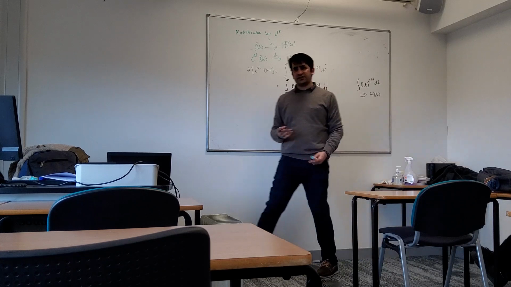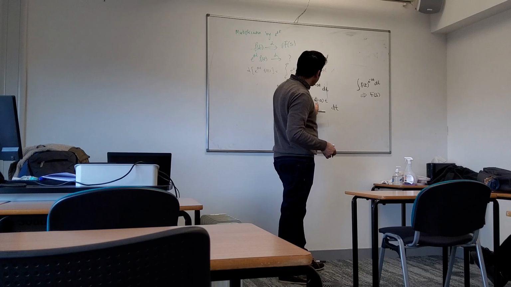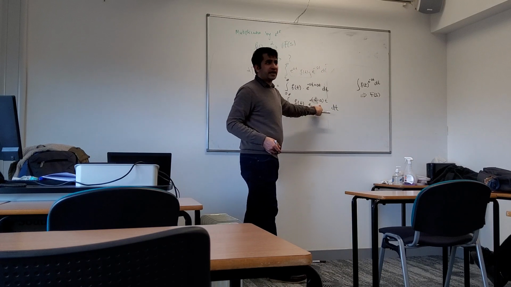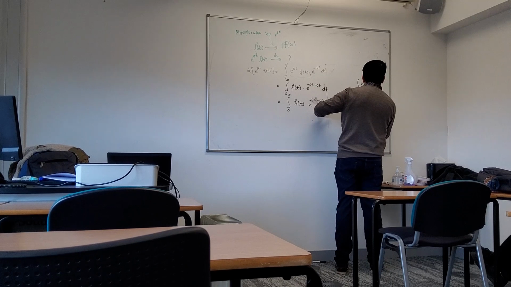This is the typical formula for the Laplace. So now you can see that here something has changed. Instead of s, you have s minus a. So only this s part has changed. So I can say that this belongs to s minus a.